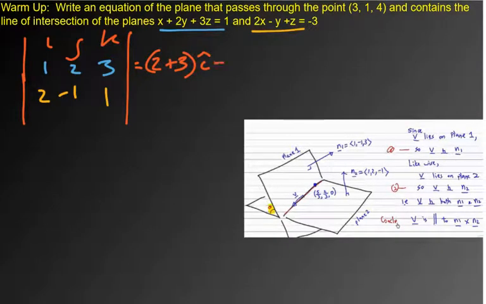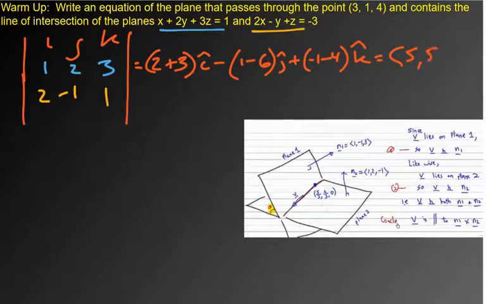And then we're going to have minus 1 minus 6 for j hat. And then we're going to have plus -1 minus 4 for k hat. And if you simplify that all down, you would get the vector (5, 5, -5). So (5, 5, -5) is like this vector v right here, and that'll be one of my direction vectors.